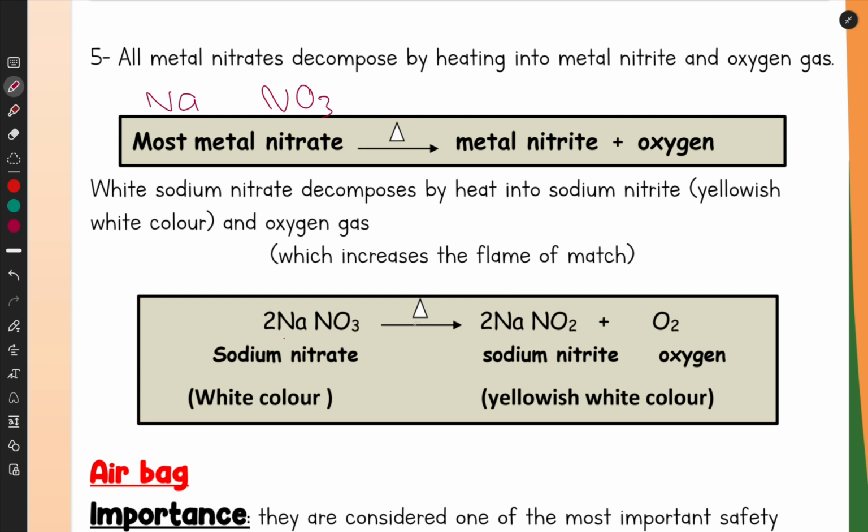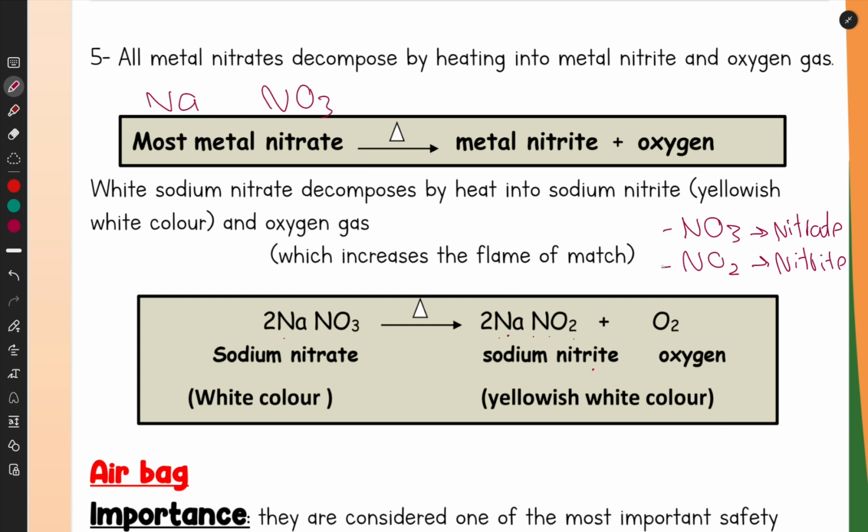If it is heated, it will produce sodium nitrite, NaNO2. So we have NO3 and NO2. NO3 is nitrate and NO2 is nitrite.